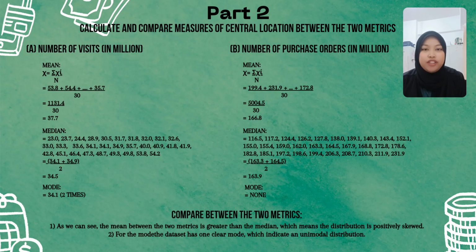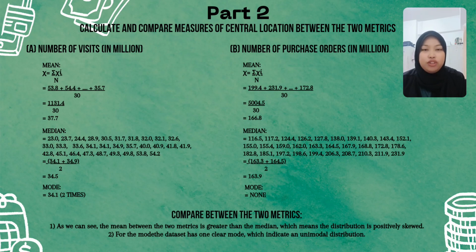Firstly, for the number of visit mean, I use the formula x-bar equals total of relative frequency divided by total of frequency. So 53.8 plus 54.4 plus until 35.7 divided by 30, then you will get 37.7.